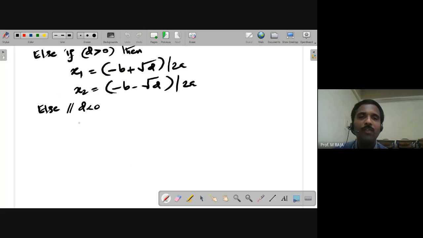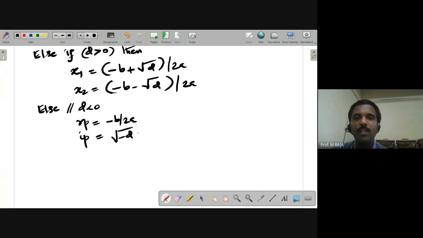So we can find the real part is equal to minus b divided by 2a, and imaginary part is equal to square root of minus d divided by 2a.